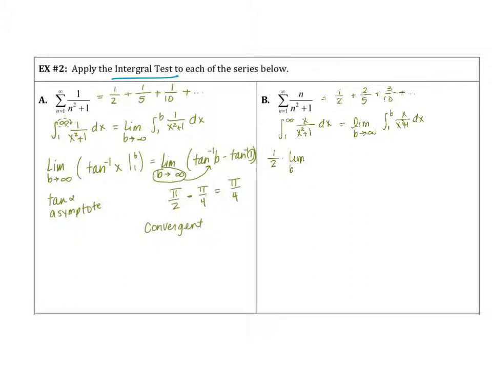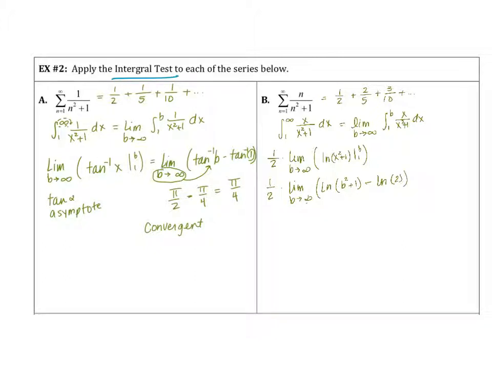So I have the limit as b approaches infinity of, and this will be the natural log of the absolute value of x squared plus 1, but x squared plus 1 is going to stay positive, so I don't have to worry about those absolute value bars. We are going to evaluate this from 1 to b. So I have 1/2 times the limit as b approaches infinity of the natural log of b squared plus 1 minus the natural log of 2.